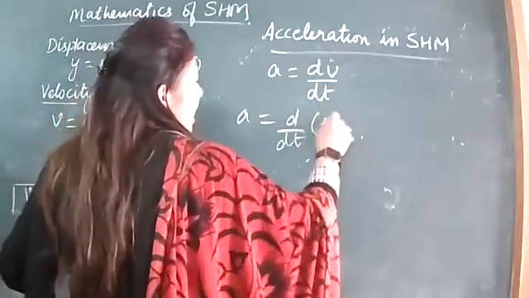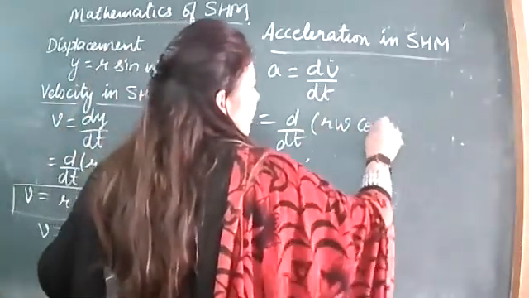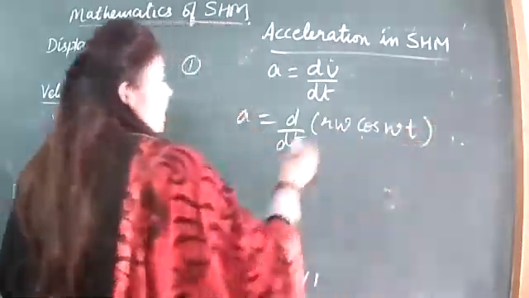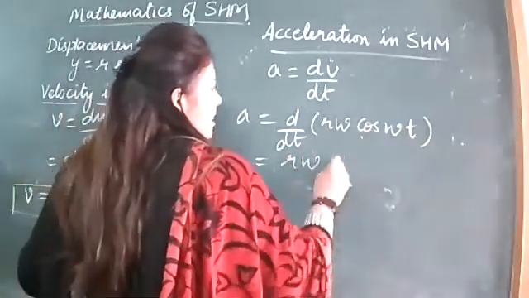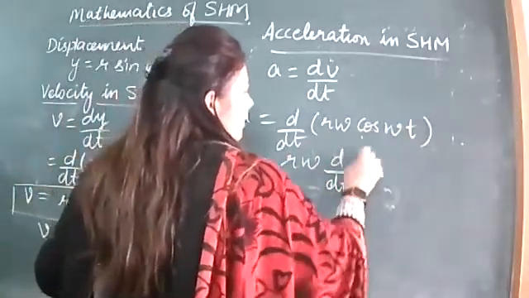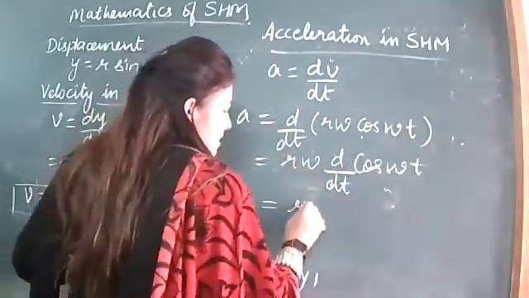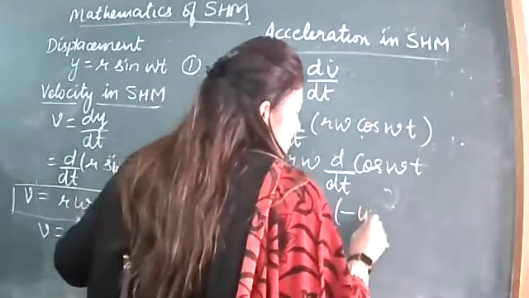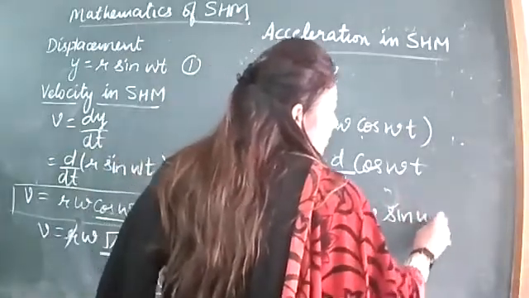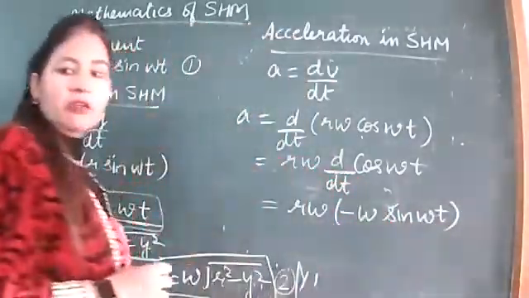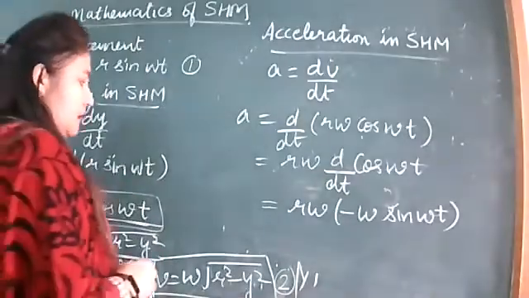Velocity is r omega cos omega t. Take r omega outside. d by dt of cos omega t, you know, that is minus omega sine omega t. Derivative of cos is minus sine.